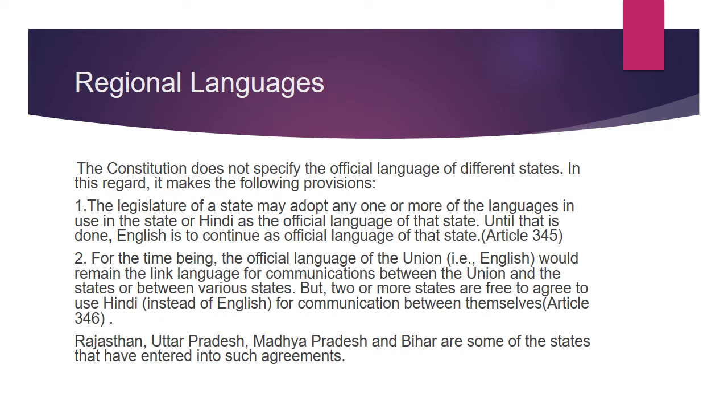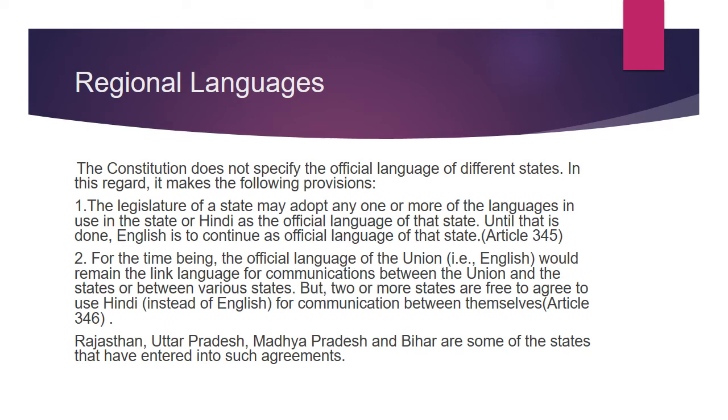Regional languages. The Constitution does not specify the official language of different states. In this regard, it makes the following provisions. The legislature of a state may adopt any one or more of the languages in use in the state or Hindi as the official language of that state. Until that is done, English is to continue as the official language of that state.